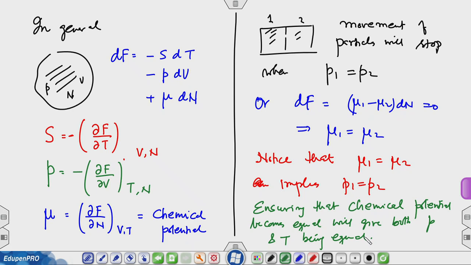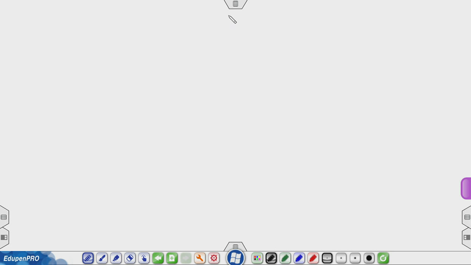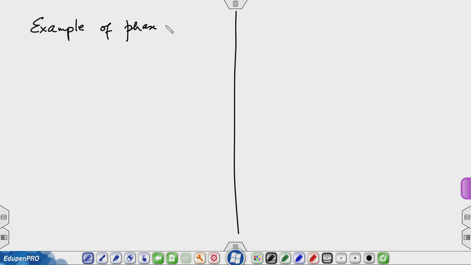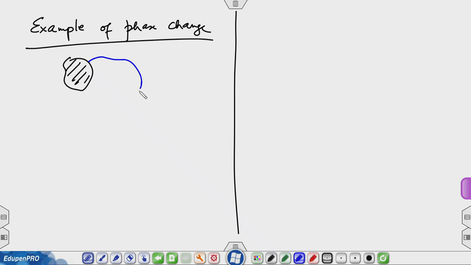So the next example I'm going to take is an example of phase change, in which one phase goes into the other phase. So, for example, ice melting. So there is a dN, number of particles going from one side to the other, although the pressure and temperature for both may be the same.